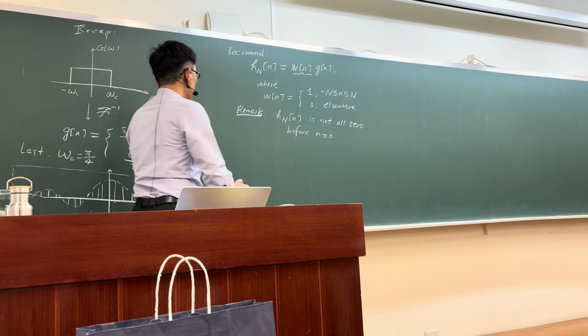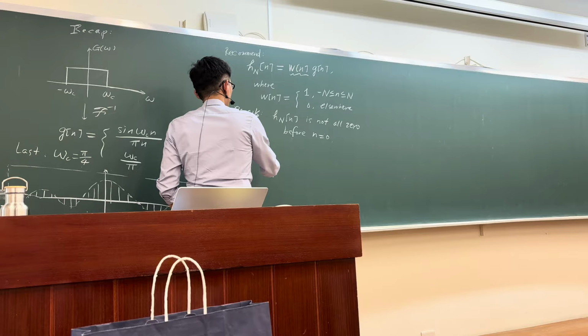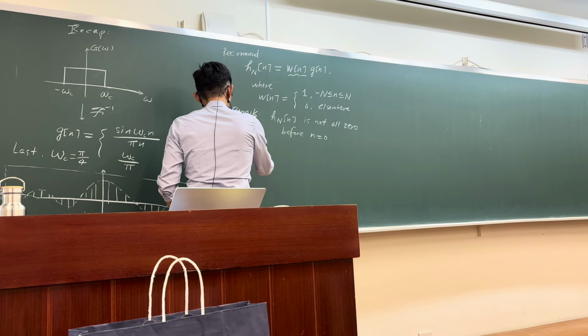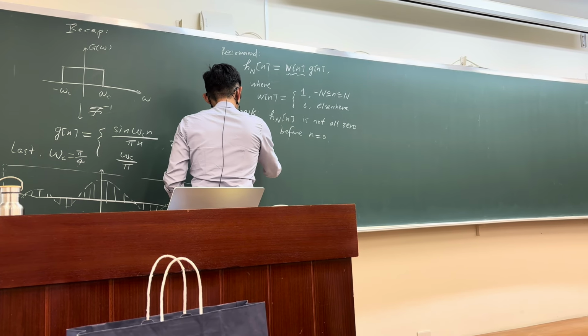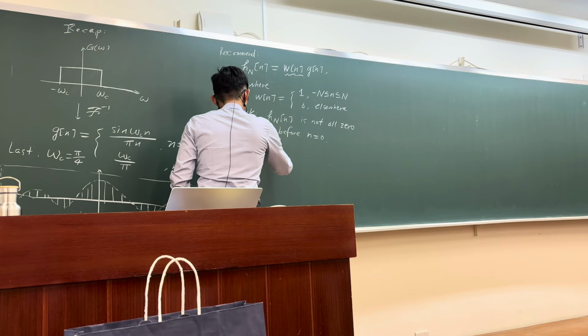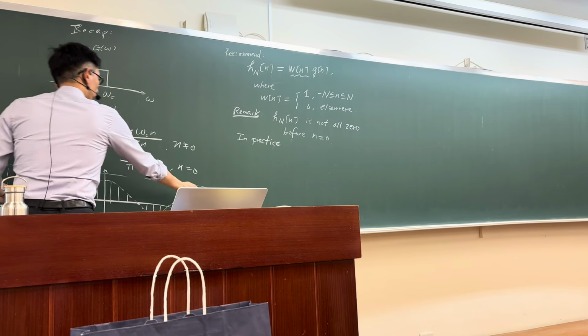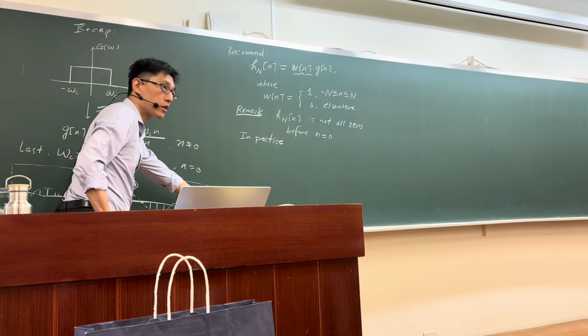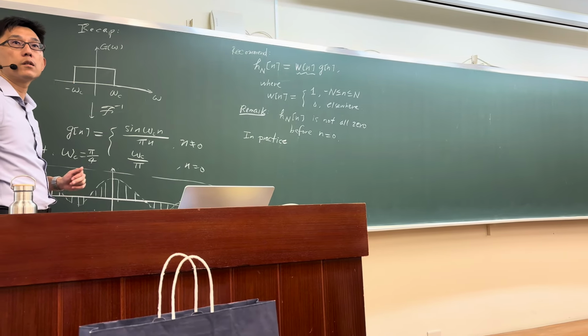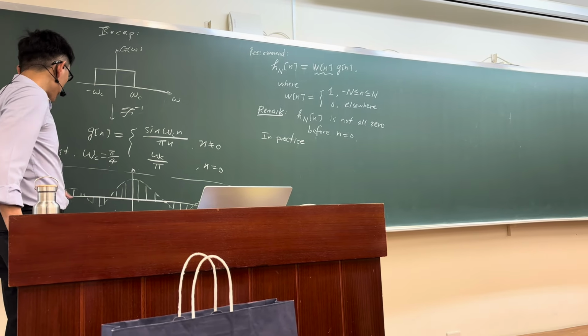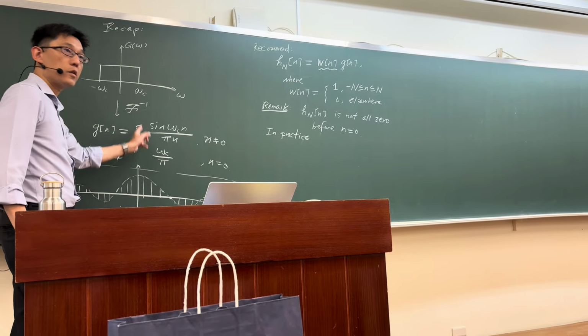So let me just tell you that in practice, you just don't worry about it. Store everything. Store this long sequence of numbers, 2N plus 1 samples, N on each side plus the middle sample.